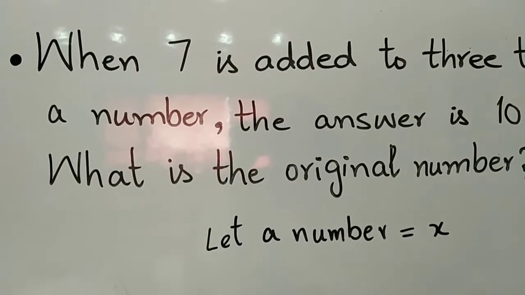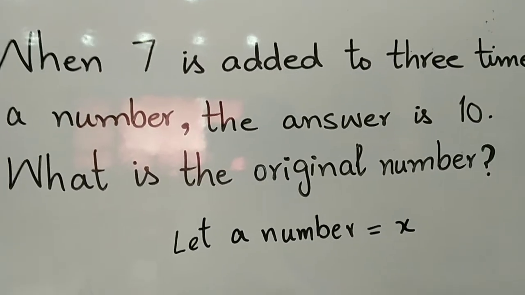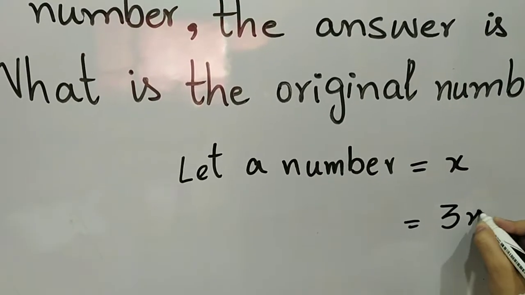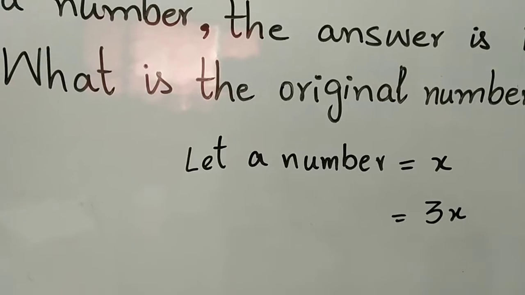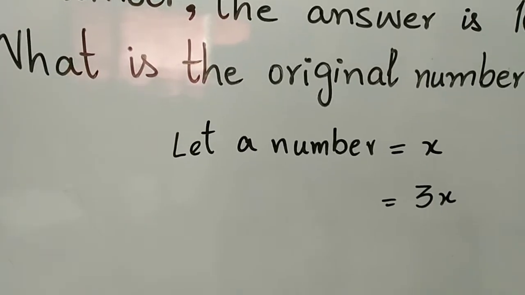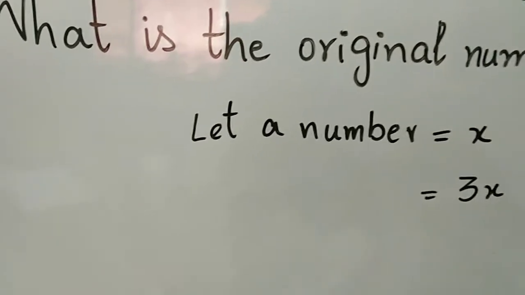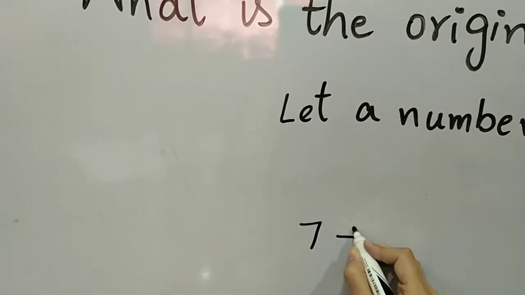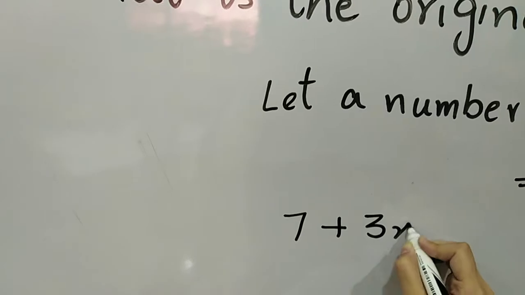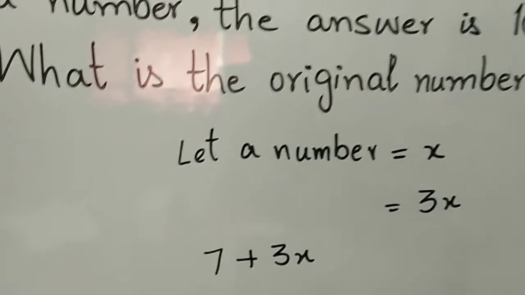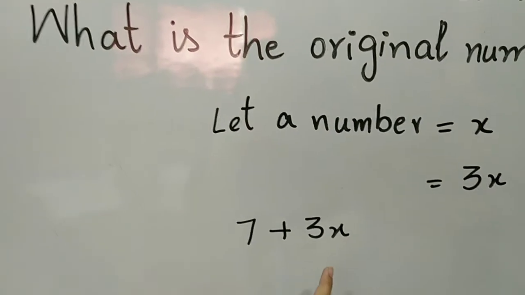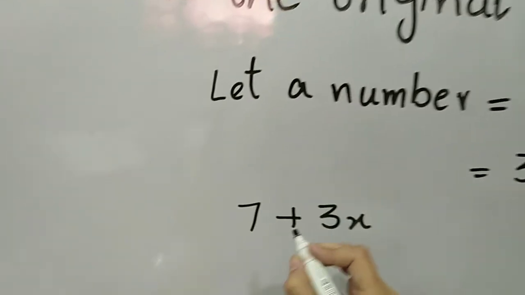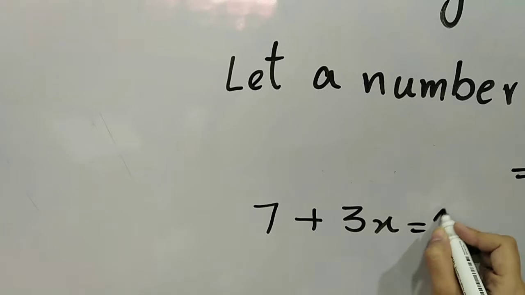Now when 7 is added to 3 times a number, 3 times a number means 3x. Now we have to add 7. So according to the condition, our equation will become 7 plus 3x equals 10.